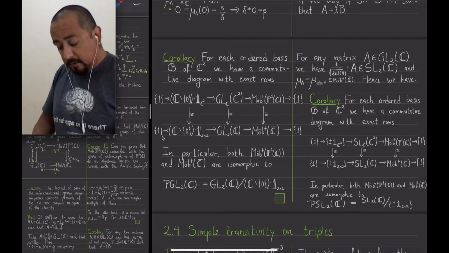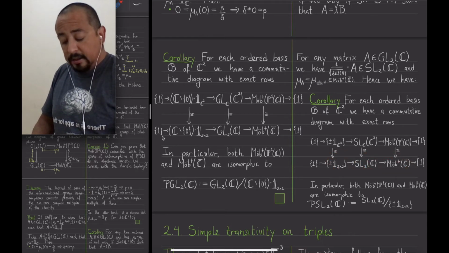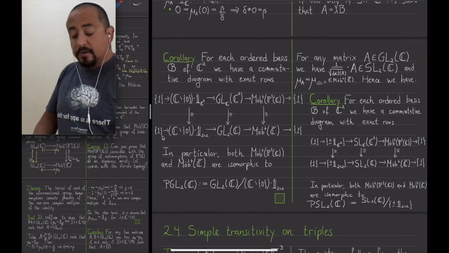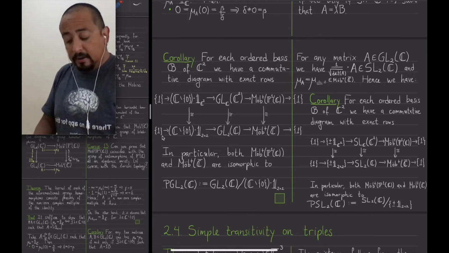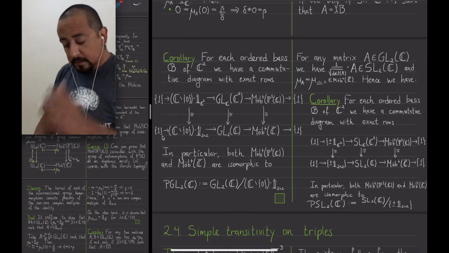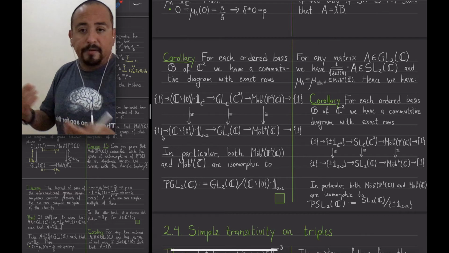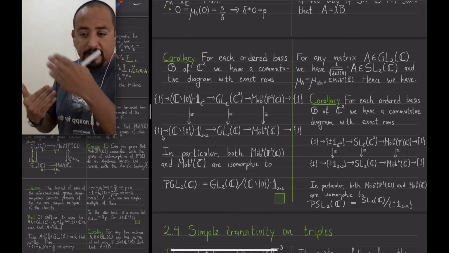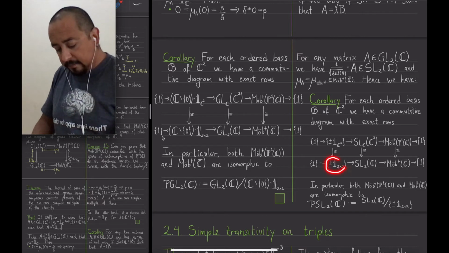So the kernel should be the non-zero scalars of the identity that still have determinant 1. But then lambda squared has to be 1, because that's the determinant of the diagonal matrix lambda 0 0 lambda. So it's just plus minus.